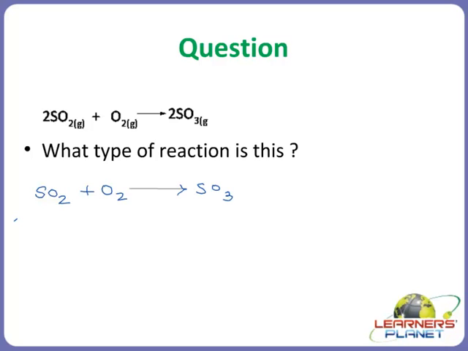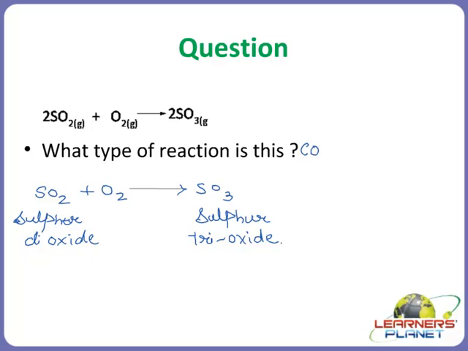So this is sulfur dioxide, on reacting with oxygen it is giving sulfur trioxide. So what type of reaction is this? It is a combination reaction. Right?